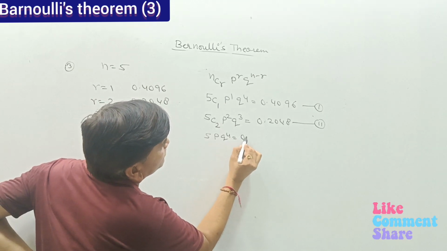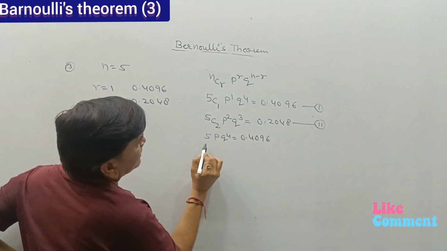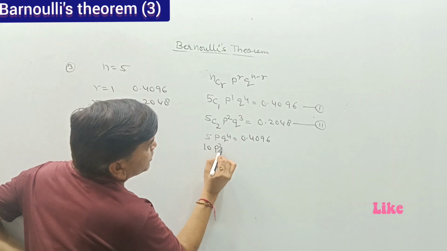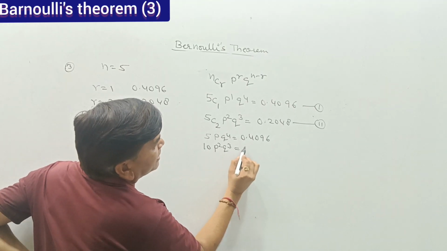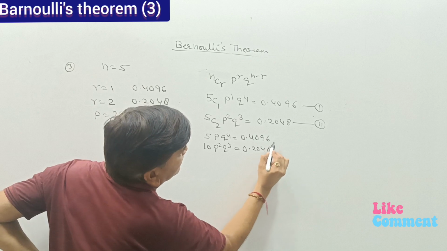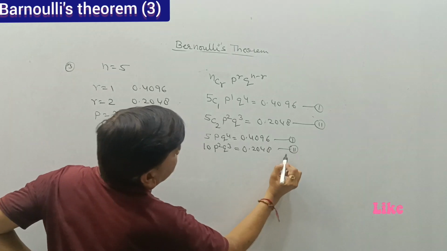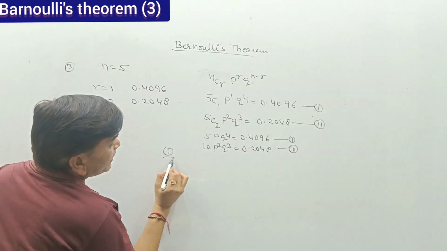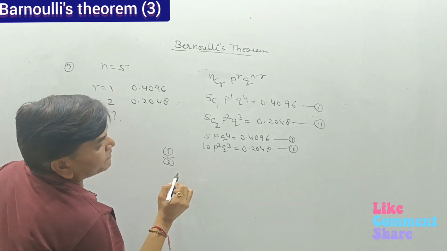5pq4 that is 0.4096, 10p2q3 that is 0.2048, equation 1 divided by equation 2.